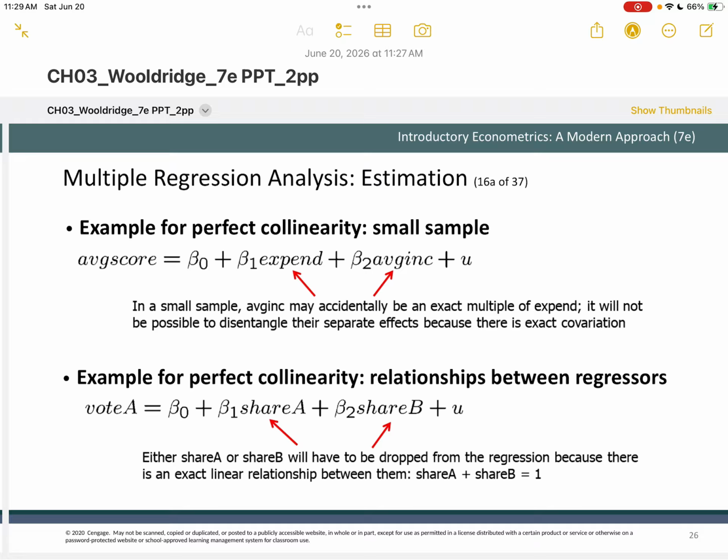In the second example, where you have share A and share B, it will be better to drop either share A or share B. Otherwise, there's an exact linear relationship between them, because the sum of share A and B is 1.